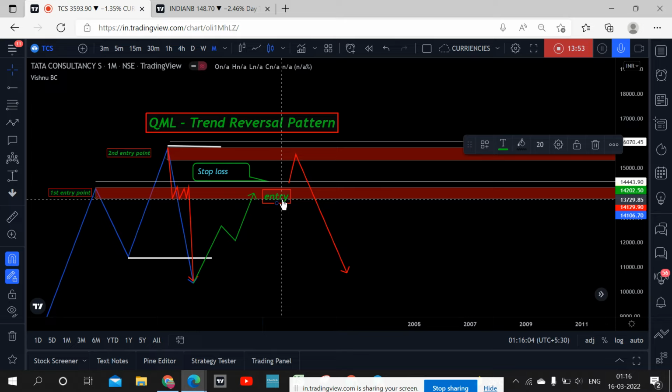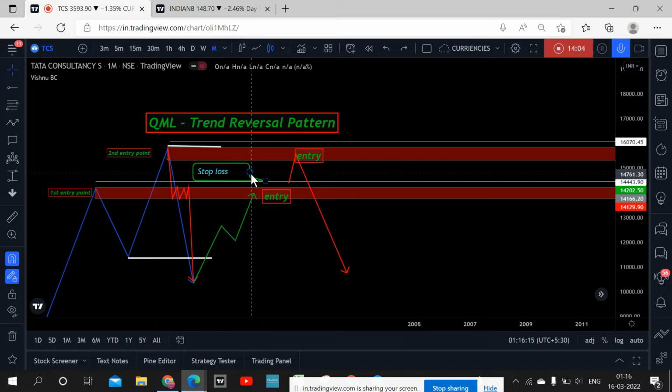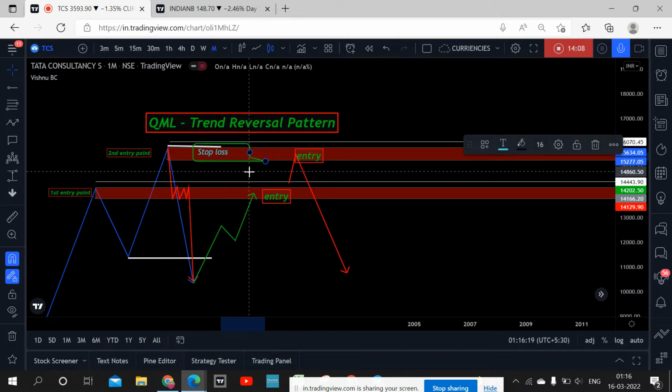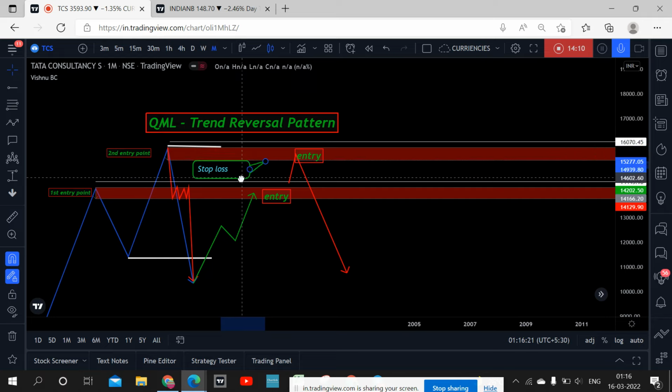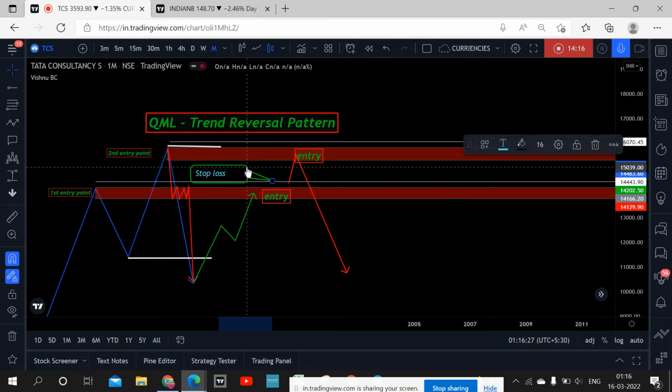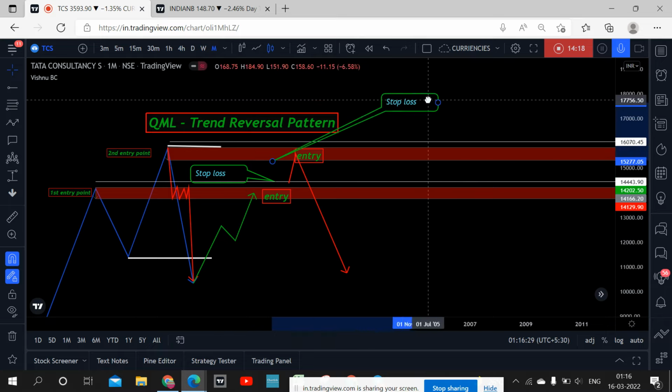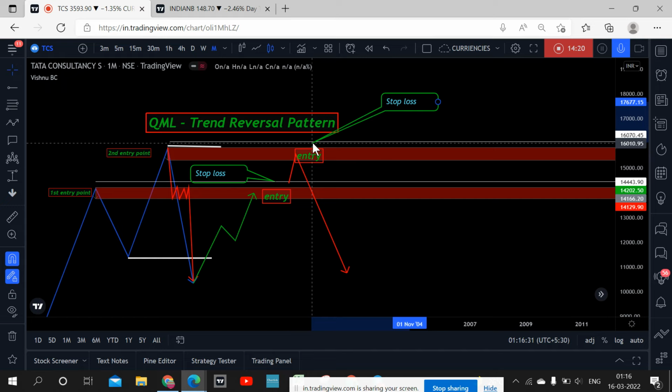So likewise, this is your entry. This is your stop loss for this point.